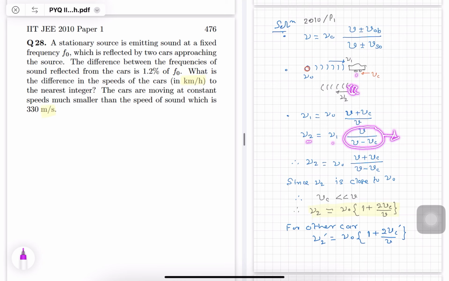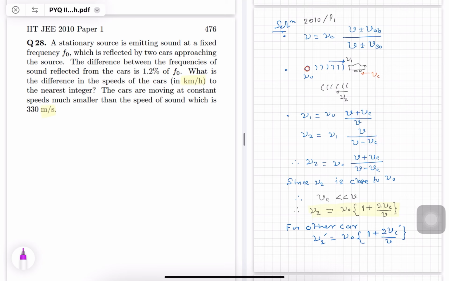Because while reflecting sound, the car behaves as a source, and in the denominator its velocity effect will come, and since it is moving towards the reflected sound, frequency will be increased. So in the denominator, the velocity of the car will be taken with a minus sign.